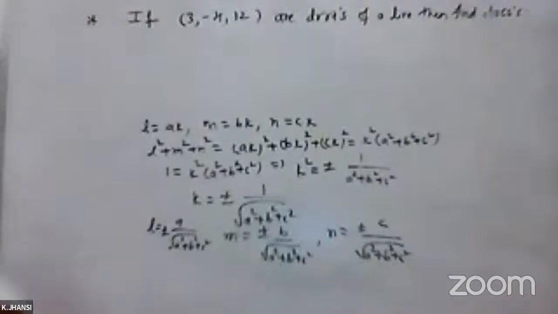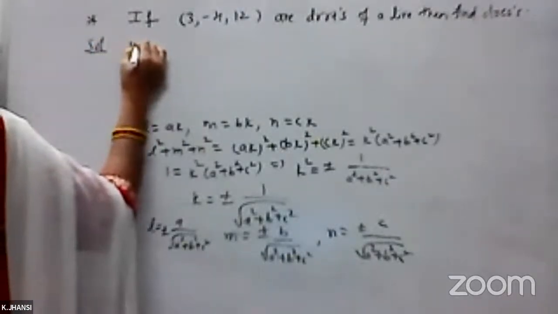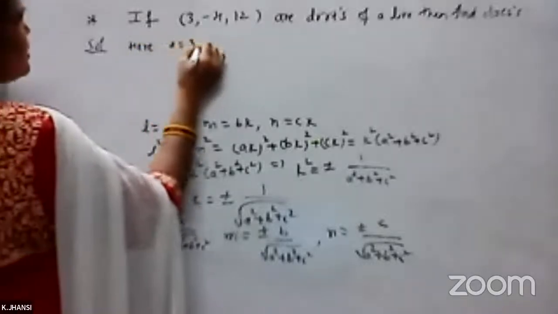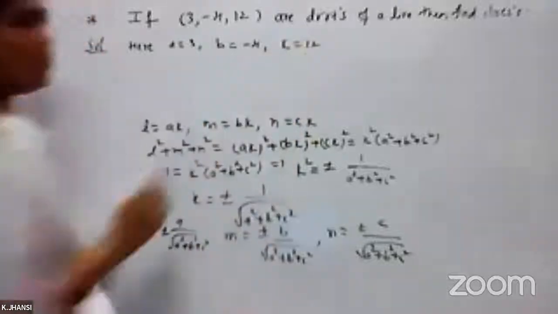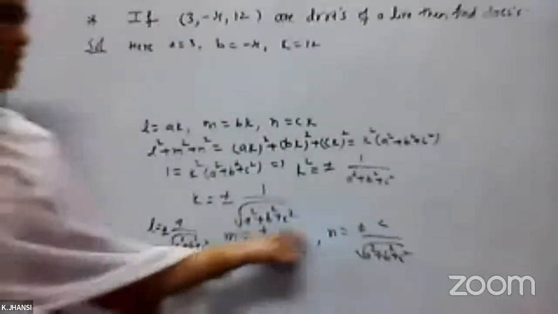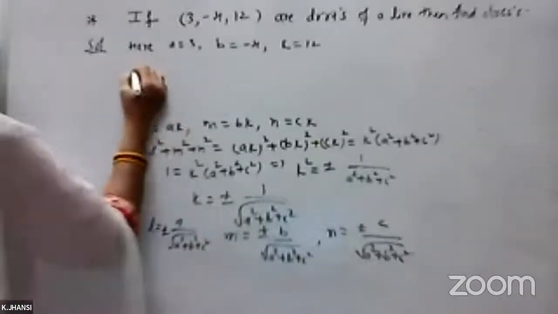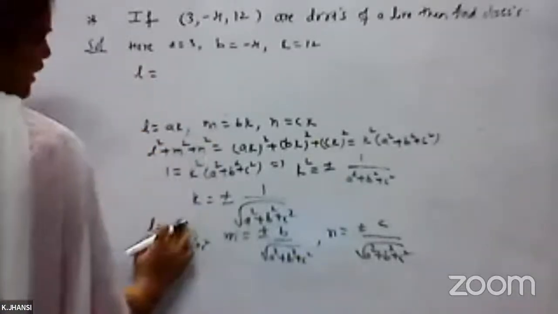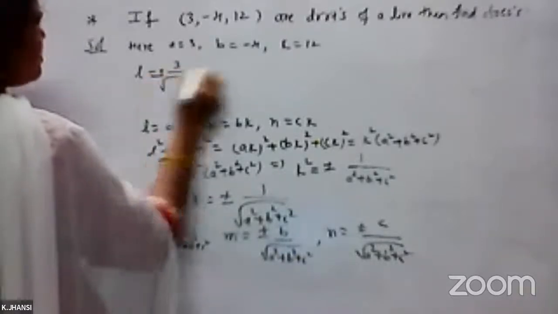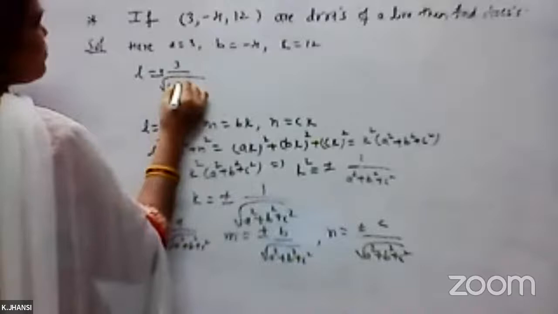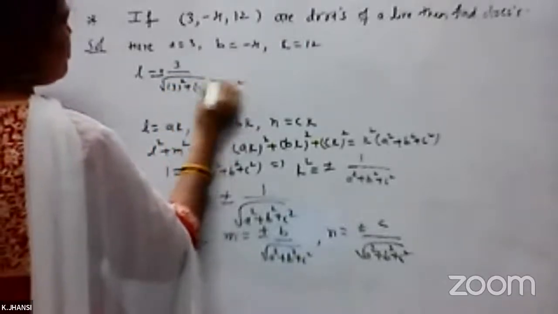Here in the solution, see what the a, b, c values are. We have a equals 3, b equals minus 4, and c equals 12. And we know the formulas for the direction cosines. So l equals a by, that is 3 by under root of 3 whole square plus minus 4 whole square plus 12 whole square.